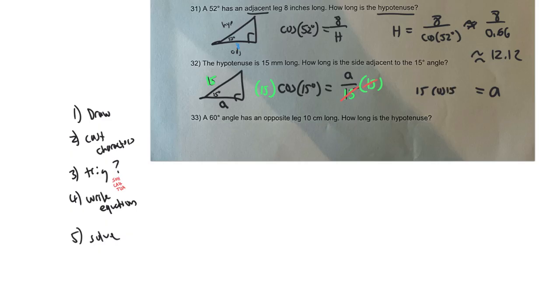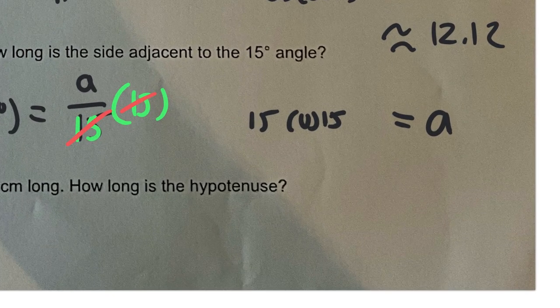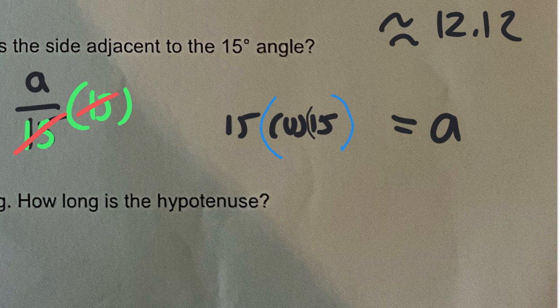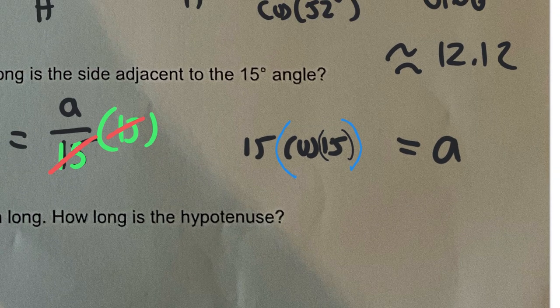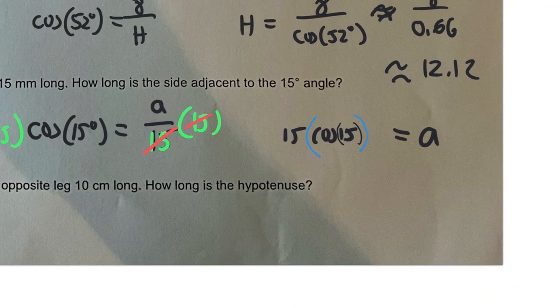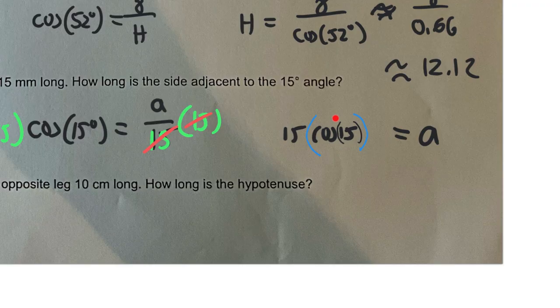Now, for my student watching, just know that this is its own number. And in fact, I'm going to put parentheses around that. And this is cosine. So this is its own number, cosine of 15. That's something you could literally plug into your calculator, and it's going to give you some decimal.